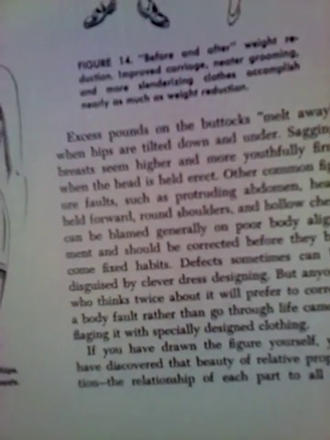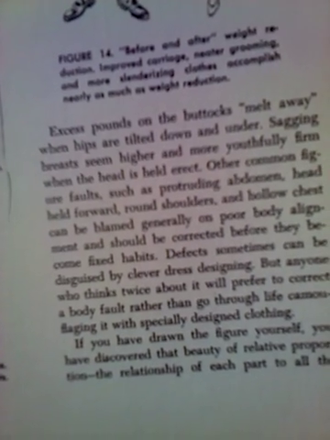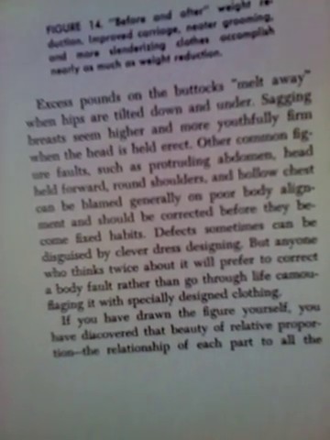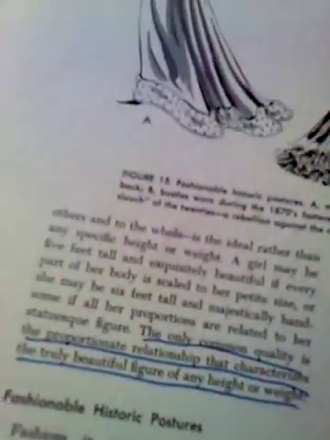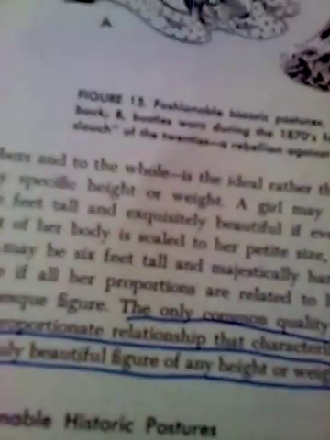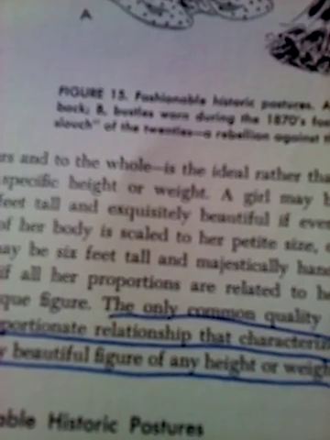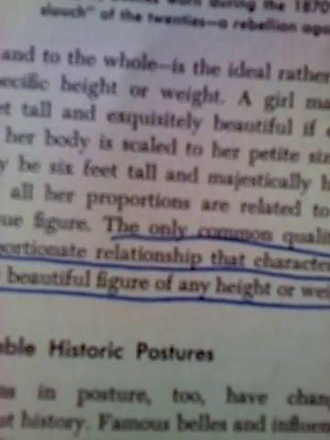And then it says, you've discovered the beauty of relative proportion, the relationship of each part to all others and to the whole, is the ideal rather than any specific height or weight.